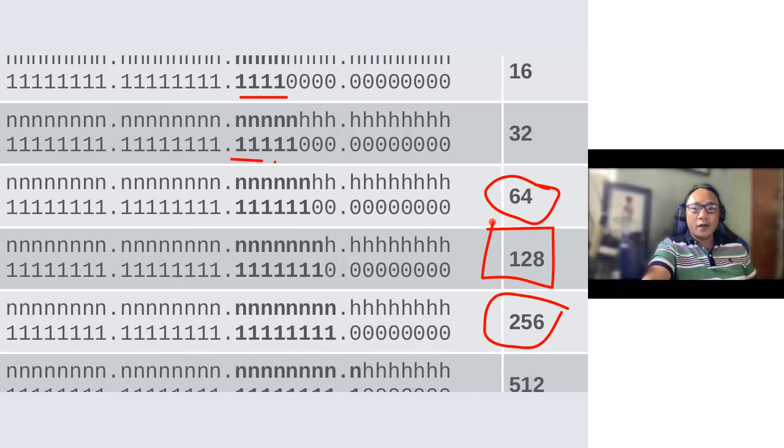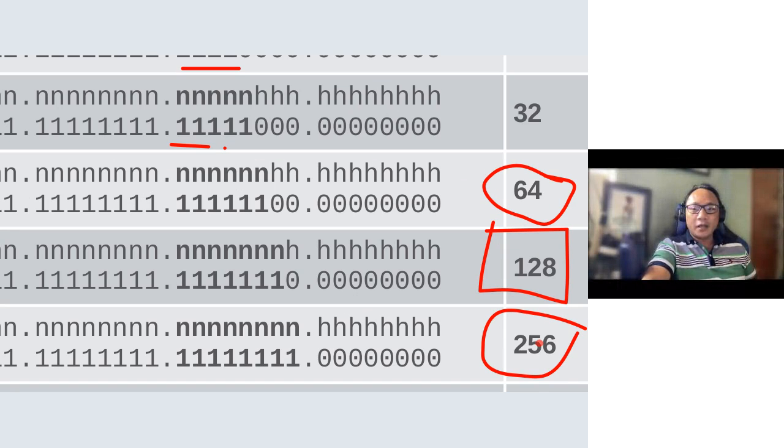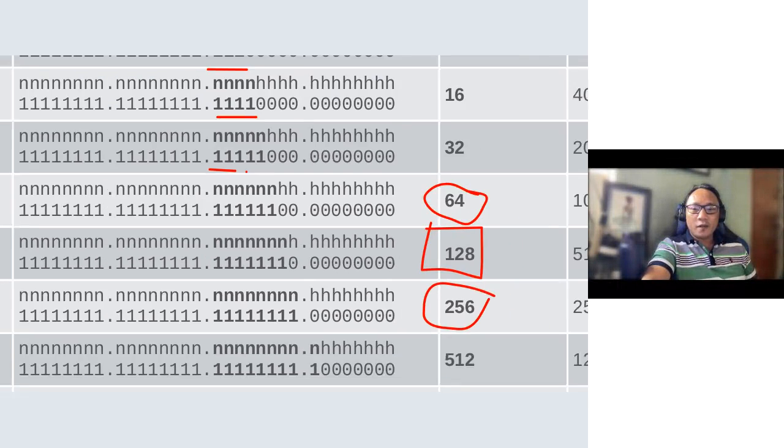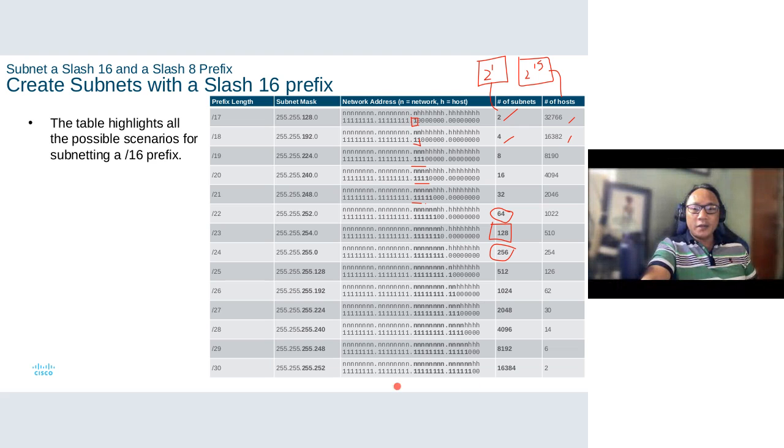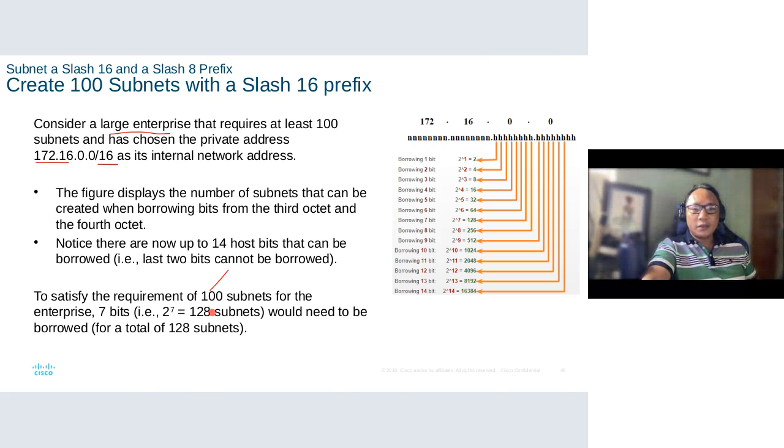/23. So therefore, looking at ano ba nangyari? Looking at the scenario na binigay sa atin dito, you can see na yung 7 bits is needed to be borrowed. 7 bits is needed to be borrowed for a total of 128 subnets for a /16.